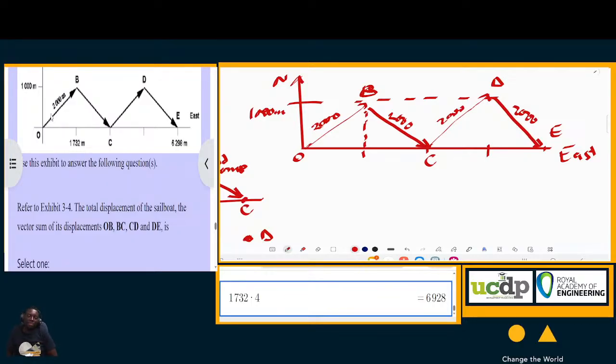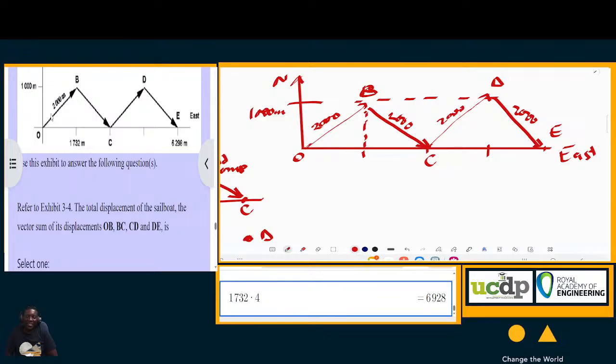So I can divide those into 4 right angle triangles, so that I can use the theorem of Pythagoras in those.